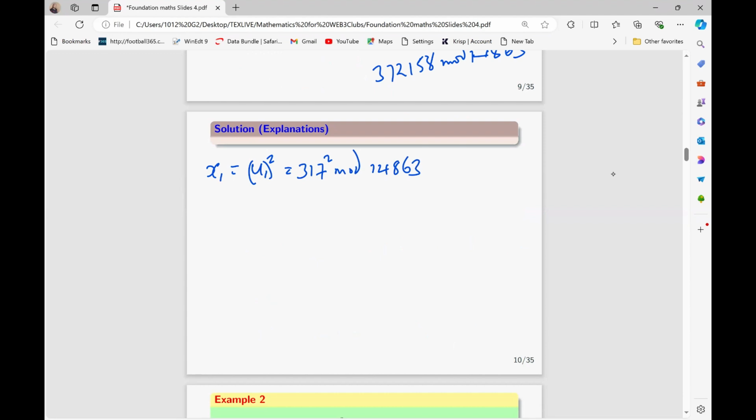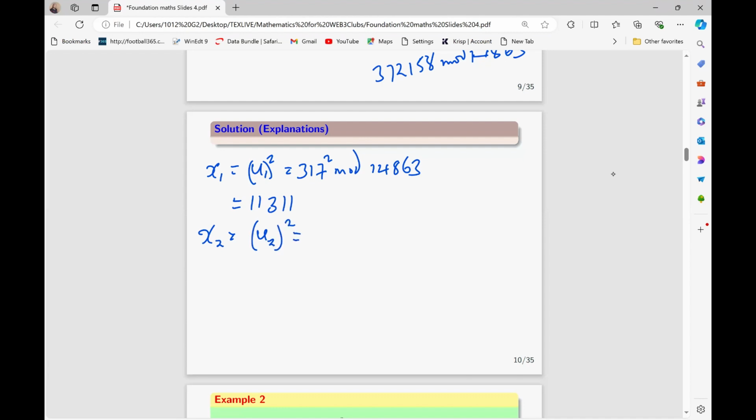So let's just square that. 317 times 317 mod 14,863 goes there 6 times. The remainder is 11,311.